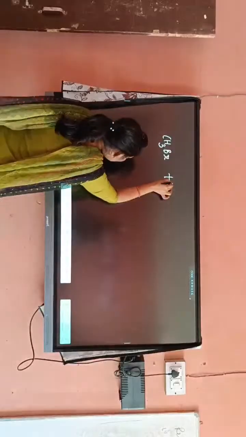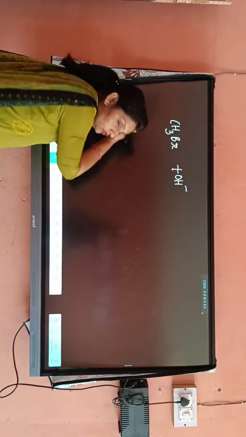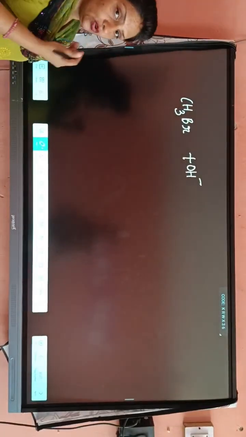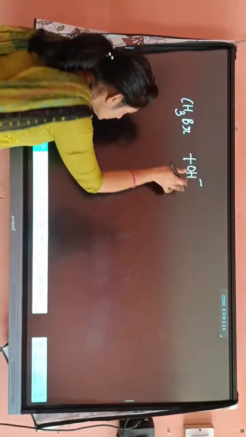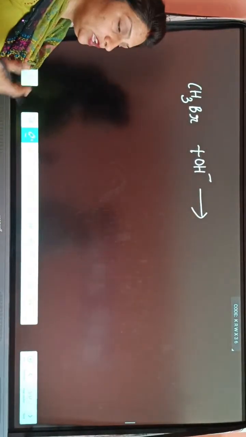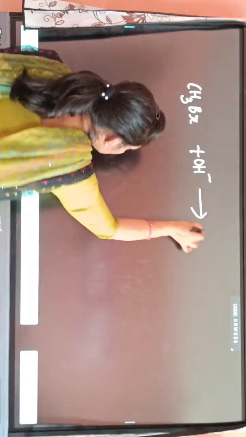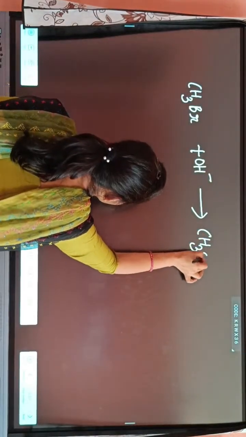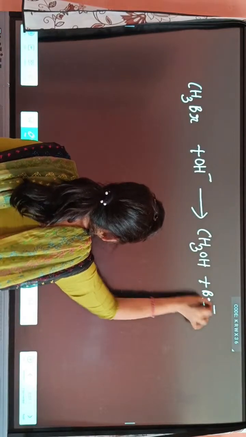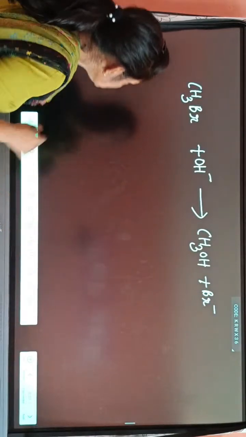Suppose you want to form alcohol, so any hydroxide ion we will use there. Then we can get alcohol plus Br negative. This is the reaction, students.